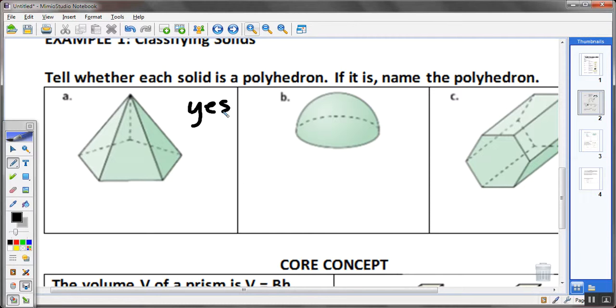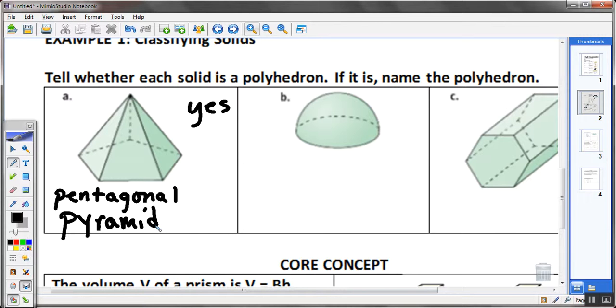Why is this a pyramid, guys? Because all the triangular faces meet at one point. All triangular faces meet at one point up here called the vertex. So what's the bottom base here? Pentagon. Pentagonal pyramid. Okay.